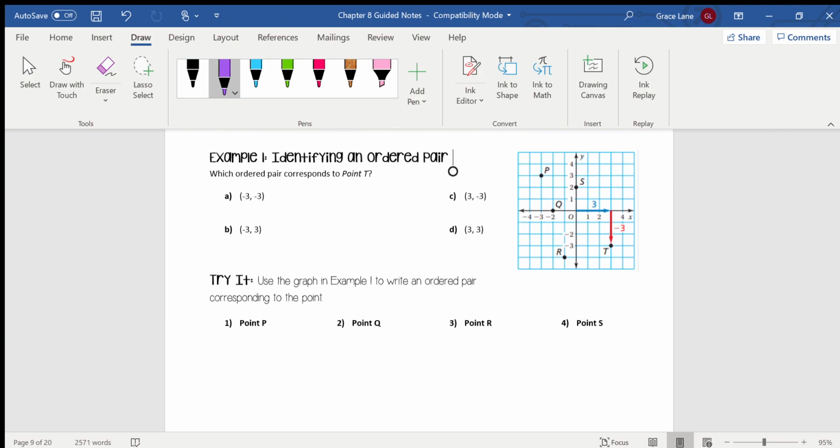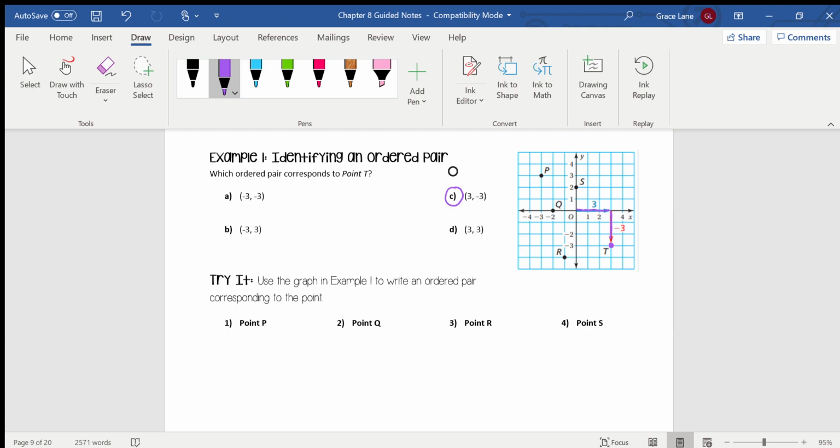To find point T right here, we first go over 3 spaces, and then down to -3. So the point that we're looking for is letter C, (3, -3).